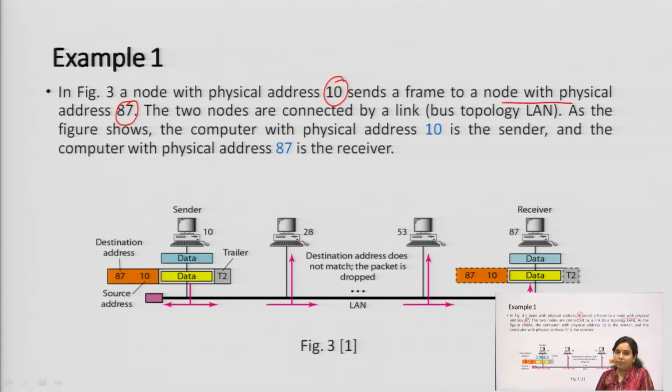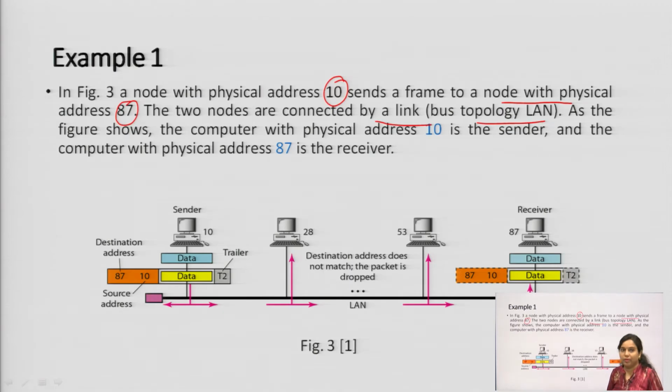It is associated with the transmitter, the receiver, whatever device is involved in the communication. It may be a printer, a computer, a keyboard, a monitor or a scanner. So, the sender physical address is 10 and the receiver physical address is 87, as defined in the question. The 2 nodes are connected by a link, a bus topology LAN.